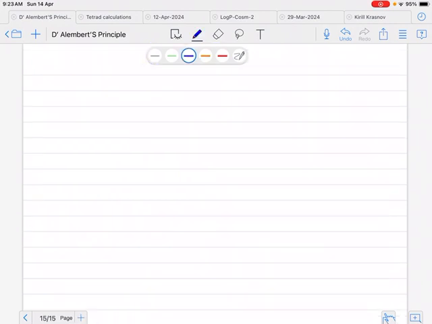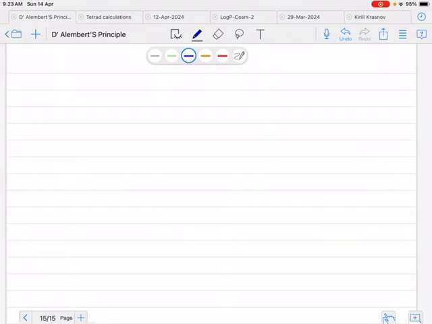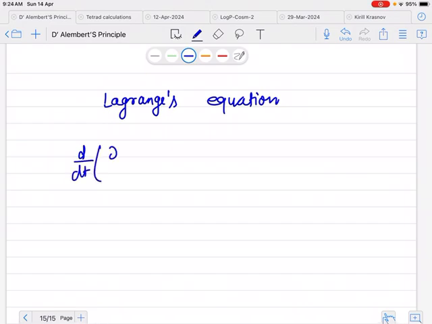I hope you know the name. Please put the name in the comment box. The equation is the Lagrange equation of motion, sometimes the Lagrangian equation of motion. It is a very famous equation, and you have to deal with it.